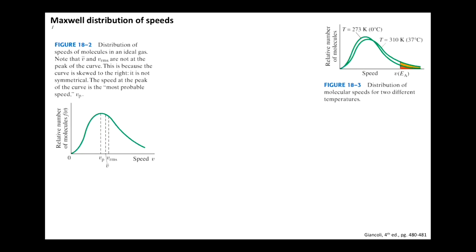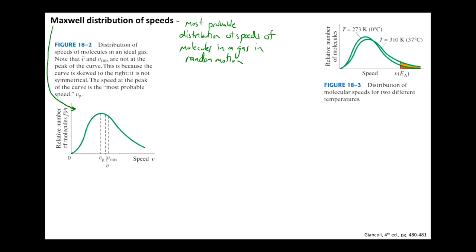This is known as the Maxwell distribution of speeds, and more specifically, this is the most probable distribution of the speeds of the molecules in a gas in random motion. The most likely distribution of the speeds of the molecules in a gas that are all moving about with random motion.